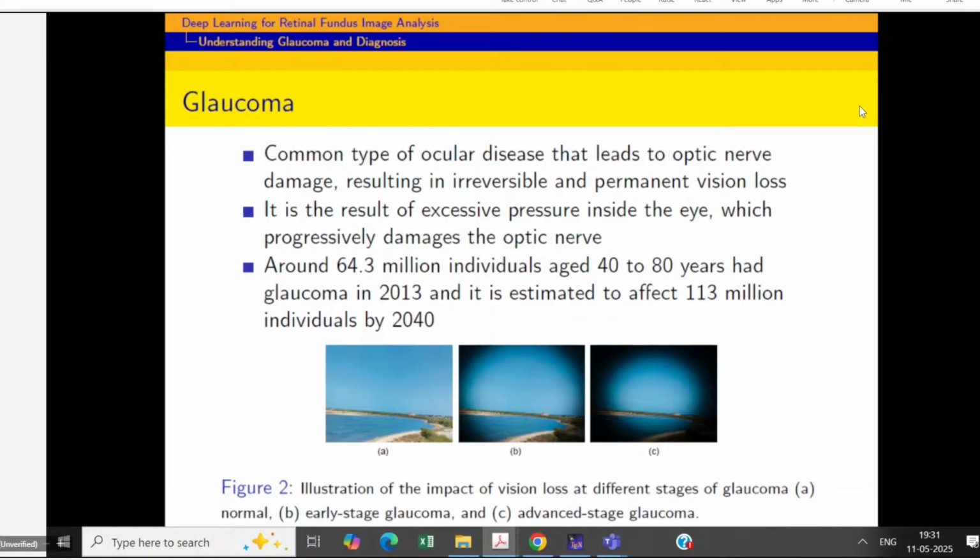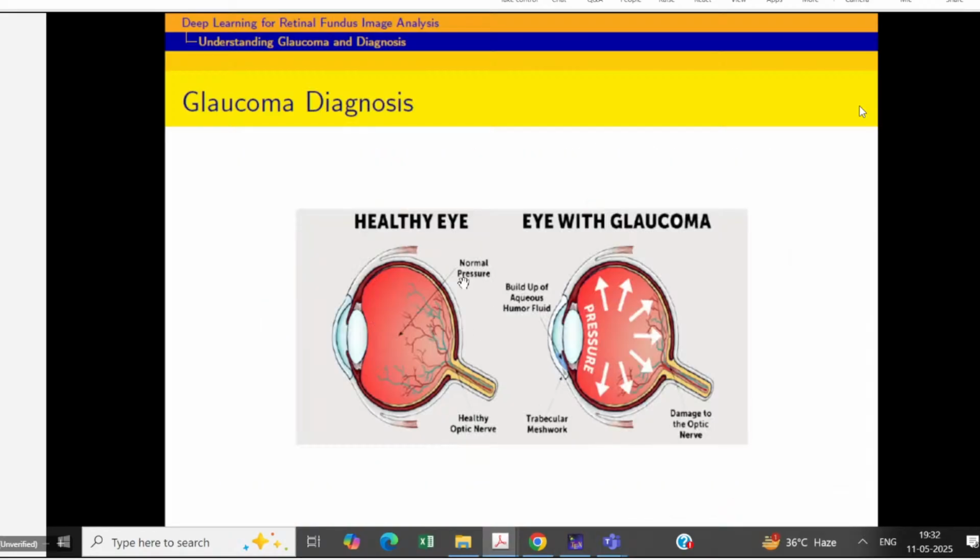It is happening because of excessive pressure inside the eye. What do we mean by this pressure? If you look at the anatomy of the eye for two different cases, one a healthy eye and one an eye with glaucoma, there is a fluid, the aqueous humor, which is continuously produced inside the eye.